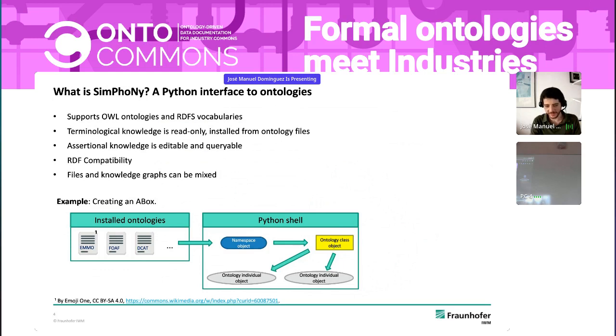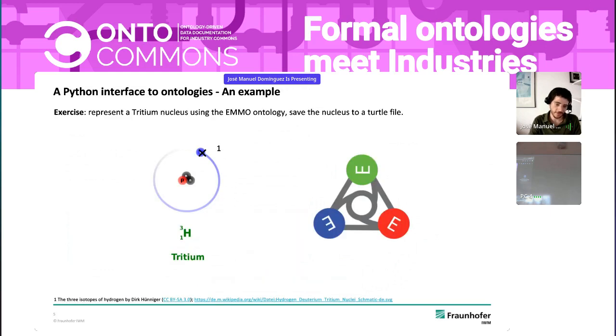And then from this namespace object, we retrieve precisely an ontology class and then create several ontology individuals. In particular, in this example, the exercise to solve is to represent a tritium nucleus using the European Materials Modelling Ontology and save this to a Turtle file.